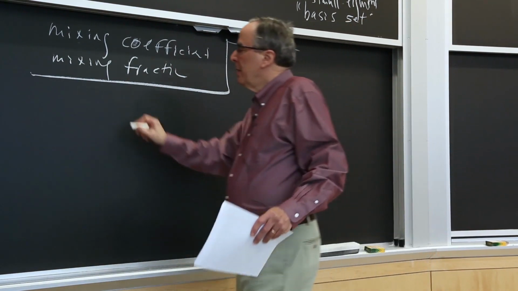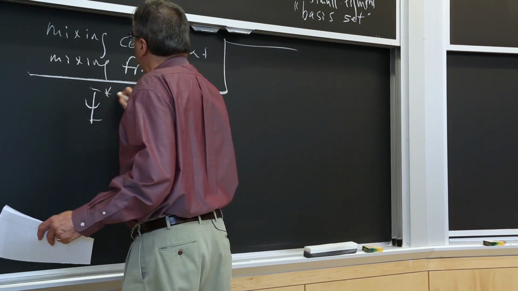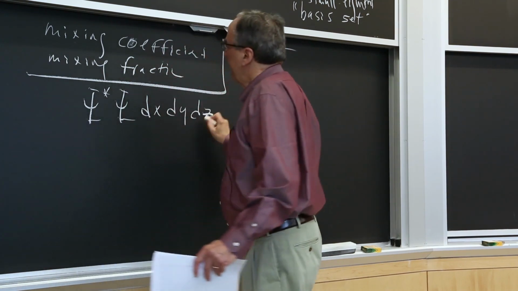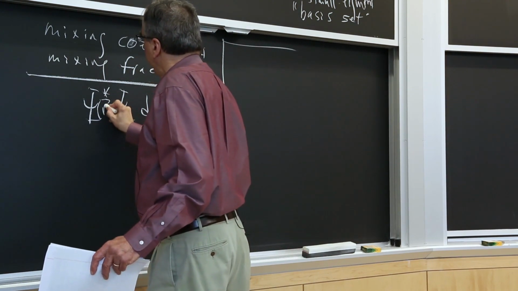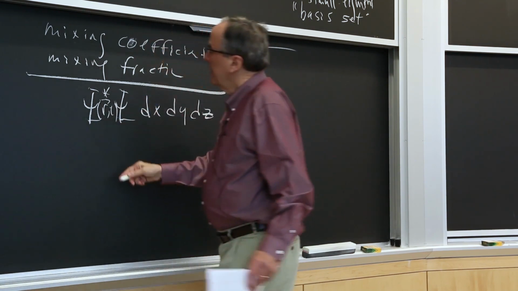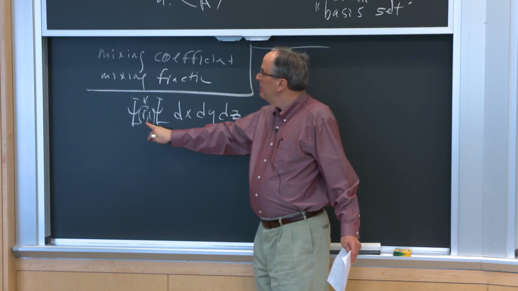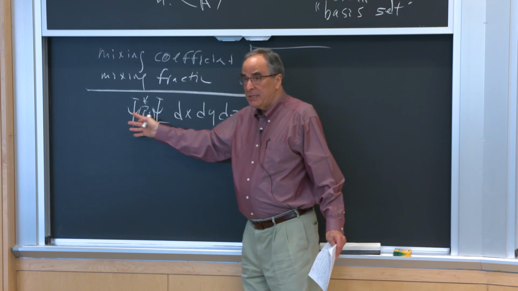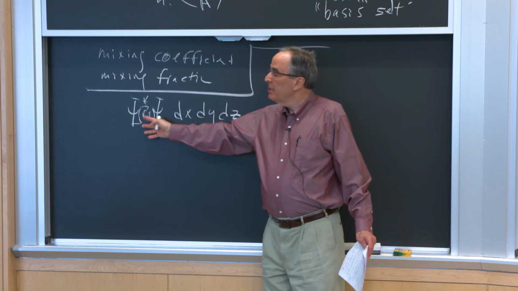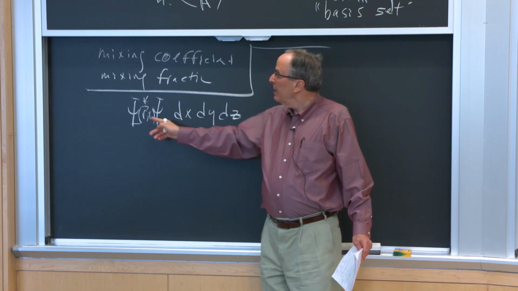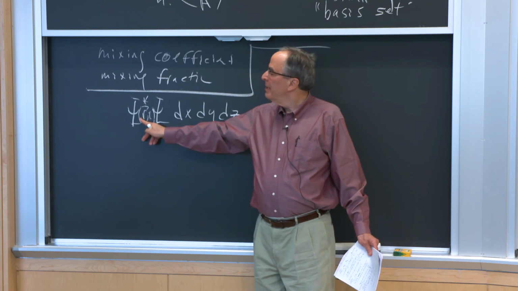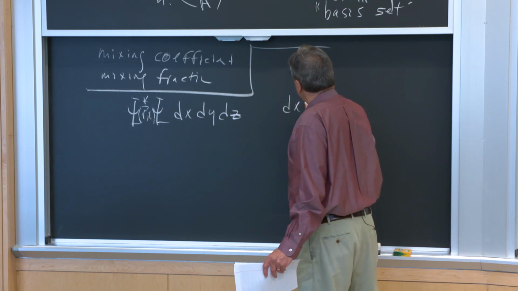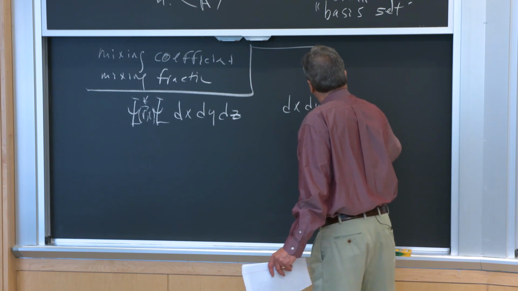So we have a state function which is a function of coordinates and time. And this thing is telling you what is the probability of finding the system at that coordinate at the specified time. And the volume element is dx, dy, and dz.